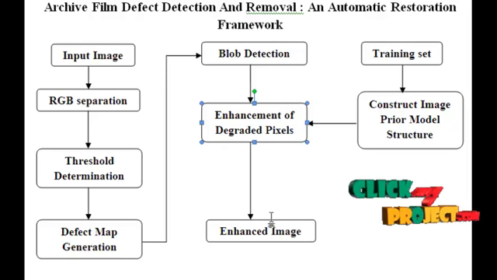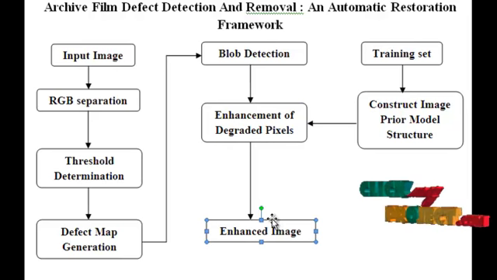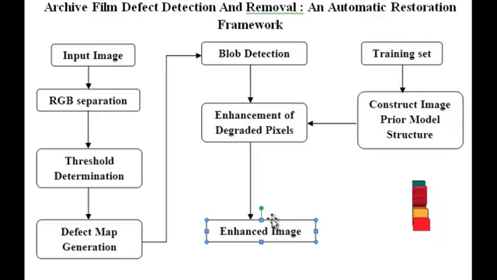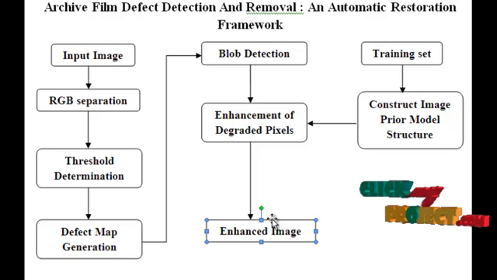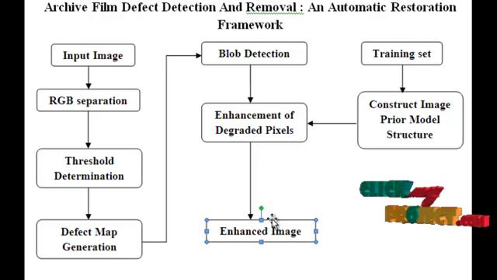The result of this block is the enhanced image. This result is completely free from the blotches. We may compute a quality measure such as MSE, mean square error, for the result image. By observing the result, we can quantify our system.